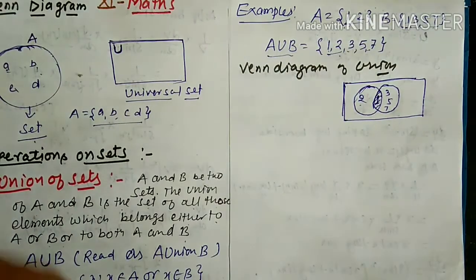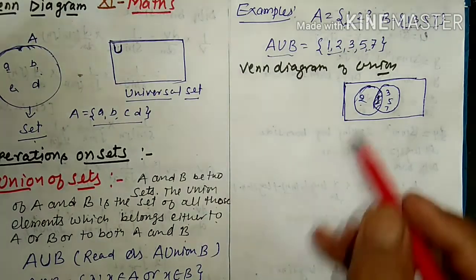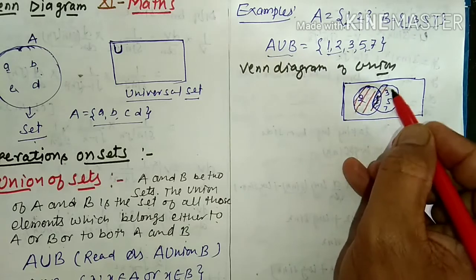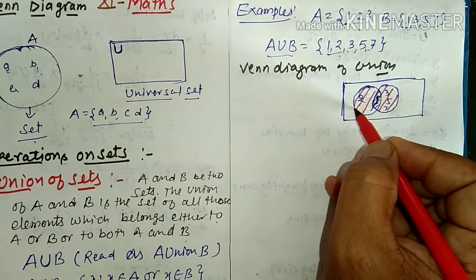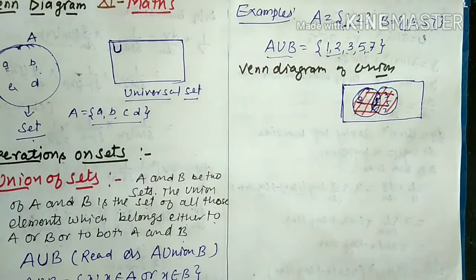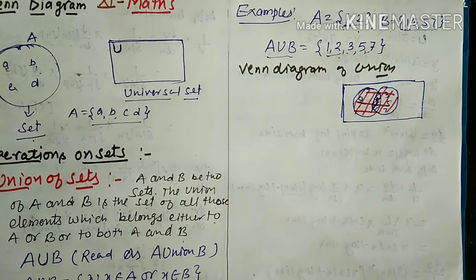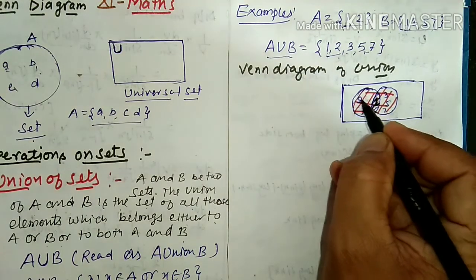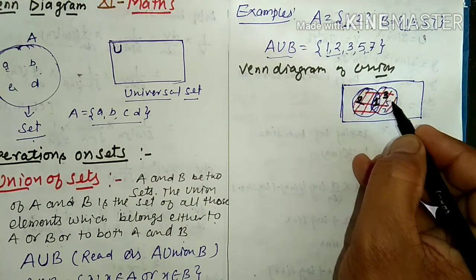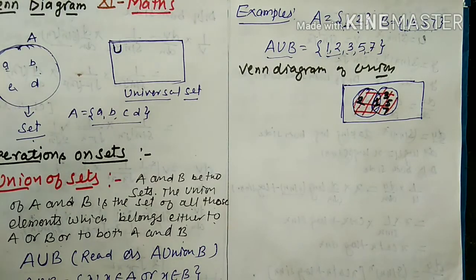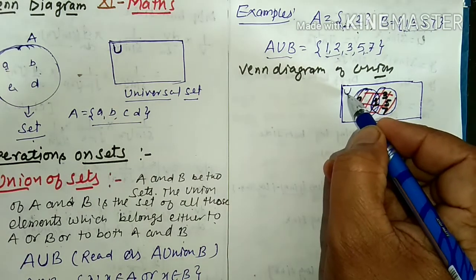If I draw it in another color, this is the union, means all elements inside this figure. Clear? So elements we have inside the figure are 1, 2, 3, 5 and 7. Clear? So the union is this. And this is the universal set.